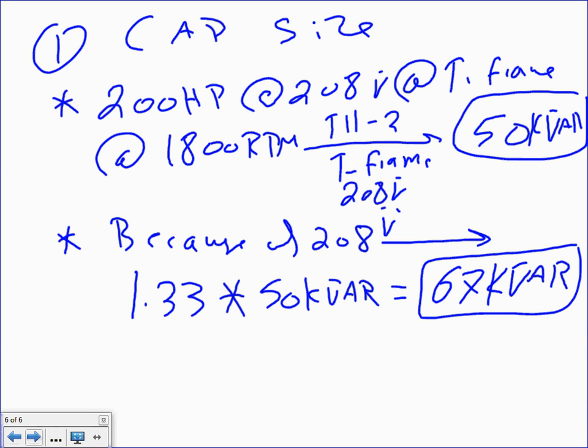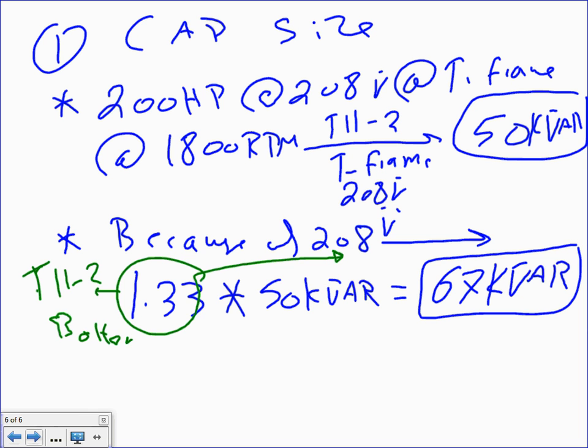If you look at the bottom of that table, it says if the voltage is 208, you increase it 33%. This number is coming from the bottom of table 11-2. Everybody's okay with that one, guys? At the bottom of table 11-2, it will tell you to multiply it by 1.33.